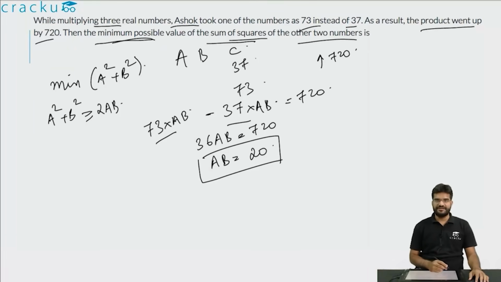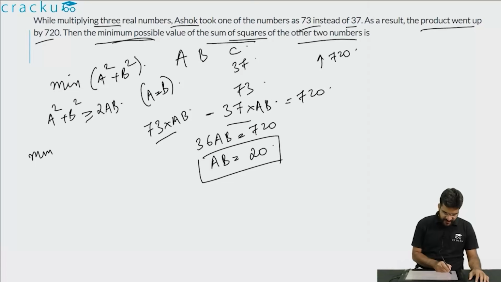This is a simple application of arithmetic mean greater than or equal to geometric mean, and the equality will occur when A is equal to B. If A is equal to B, only then A square plus B square will equal 2AB, which actually equals 2A square. So in this case, we know that the minimum value of A square plus B square, which is the sum of the squares, is equal to 2 into AB.